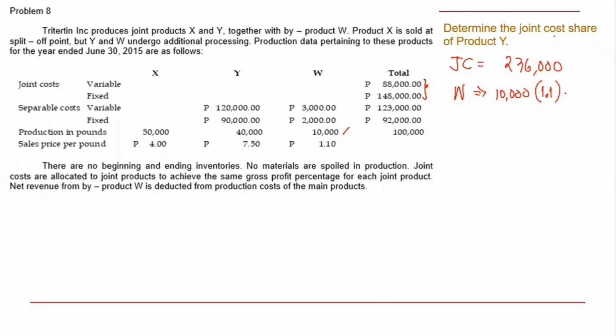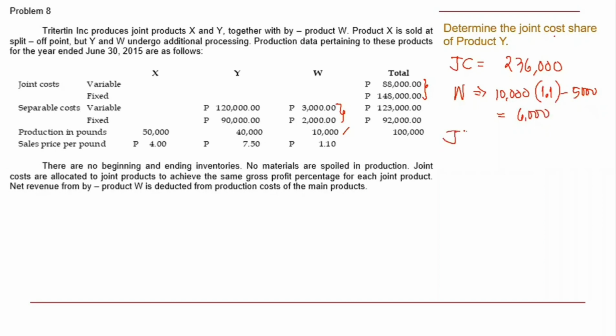Ayan. Meron pa ba tayong ima-minus? Meron po kasing separable cost, si W. So, ibig sabihin, ima-minus pa po natin yung 5,000 pesos na yan. Kaya naman, ang proceeds natin kay W is only, so 11,000 minus 5,000, that is 6,000 pesos.